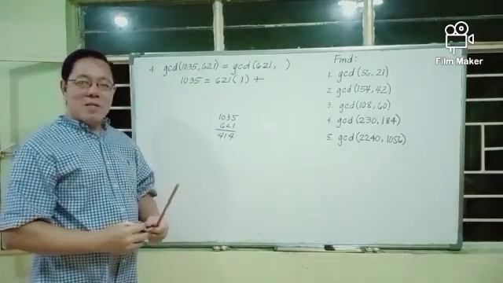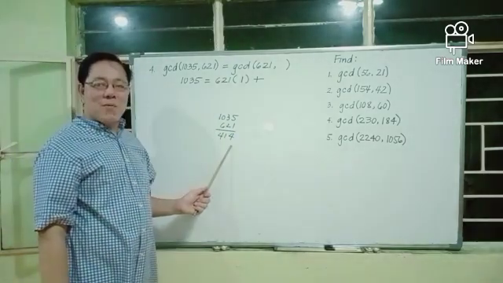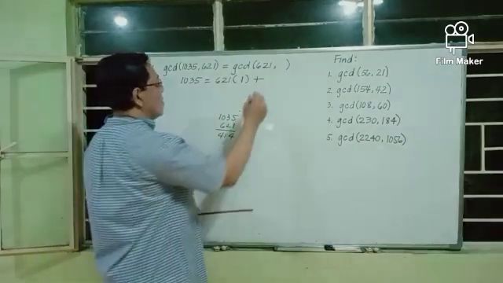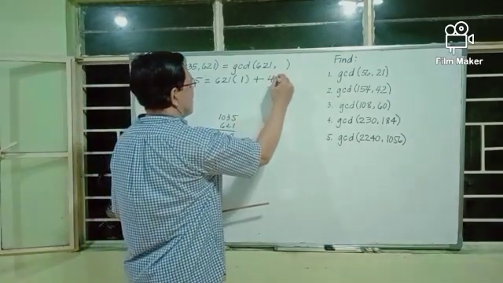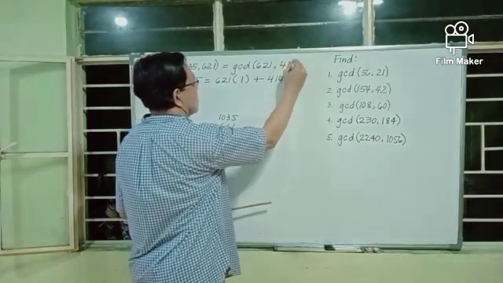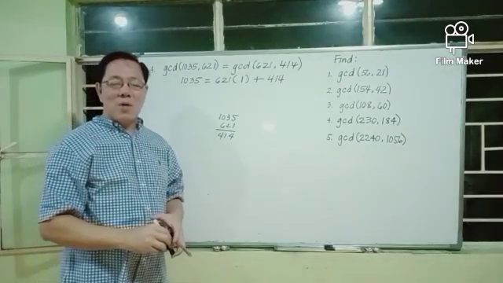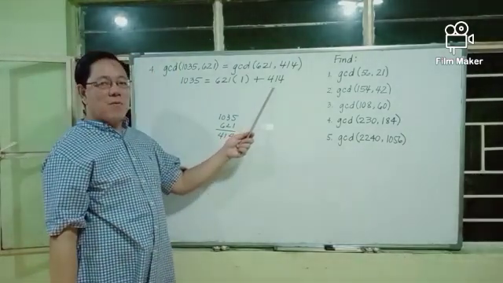And the difference of 1035 and 621 is 414. Therefore, the remainder R that we are looking for is 414.